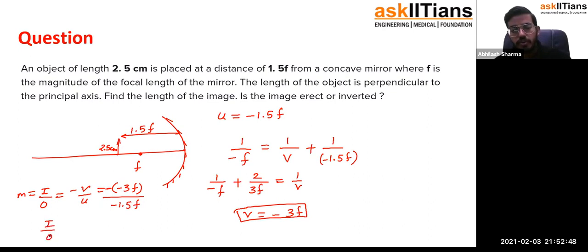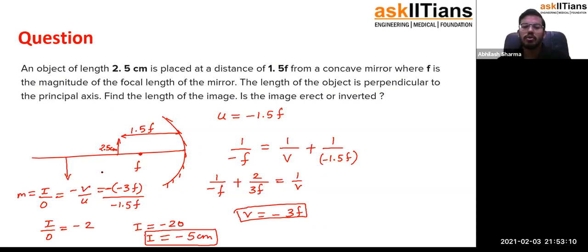I by O is negative 2. So image length is negative 2 times object length, that is negative 2.5 into 2, that is 5 centimeter. And since the image length is coming out to be negative, that means the image is forming in the downward sense. That's why it's negative. So the image is inverted.